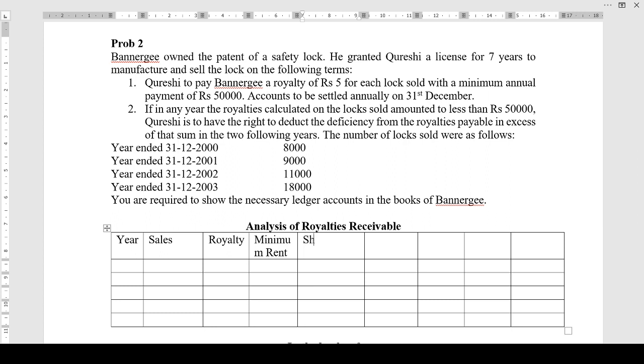Next will be short working/surplus. Then we have short workings recouped. Recouped means recovered, if any. Then short workings carried forward.